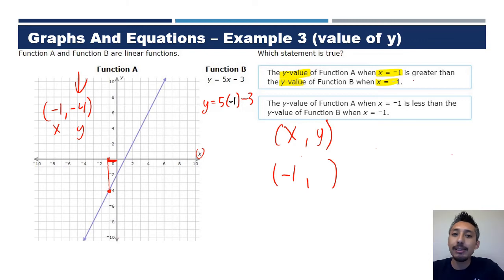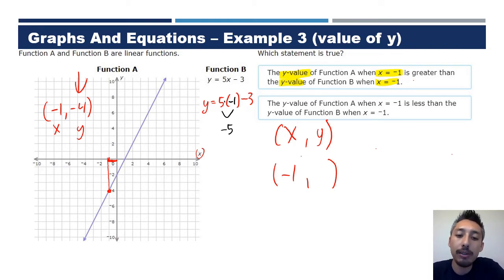Now that I know that x is equal to -1, all I have to do is simplify, figure out what y is equal to. In order to do that, all we have to do is follow the order of operations. In this case, the first thing that I can do is multiply, because I see a number next to a parentheses, and that automatically means multiplication. So 5 times -1 is -5.